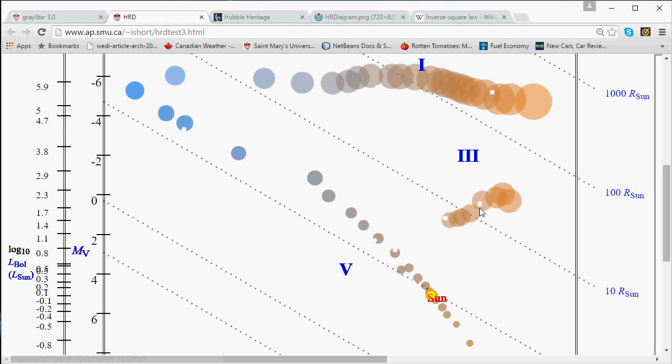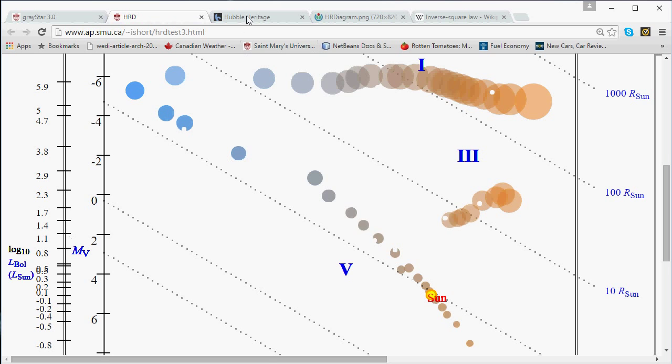Then we can just read across horizontally to the y-axis and read off the star's luminosity, its absolute brightness, because this HR diagram has been calibrated for us by previous generations of astronomers, so we know exactly what the absolute luminosity value is all the way up and down this axis. So now we can read off the star's absolute luminosity.